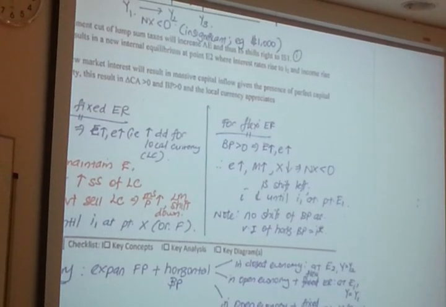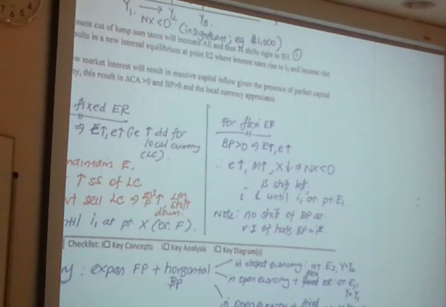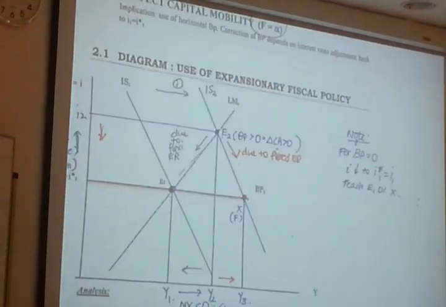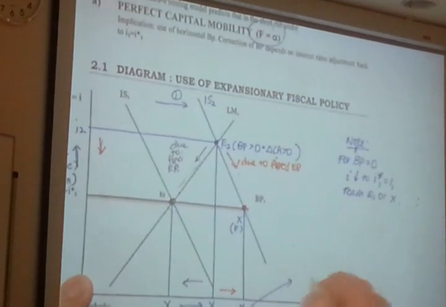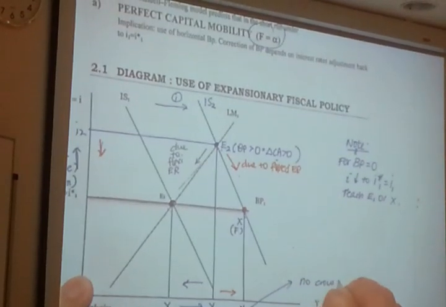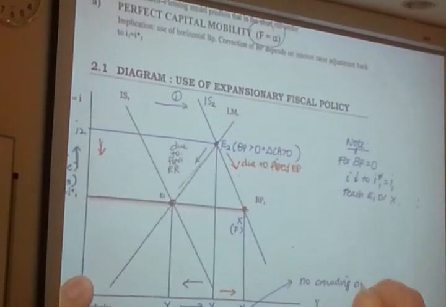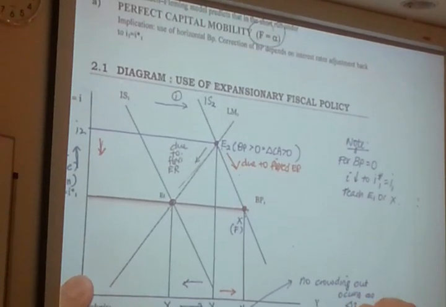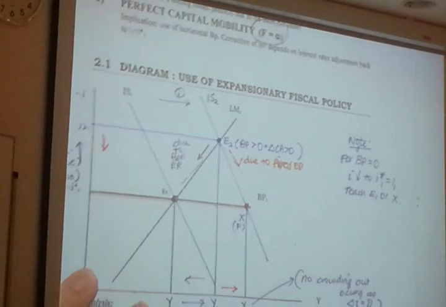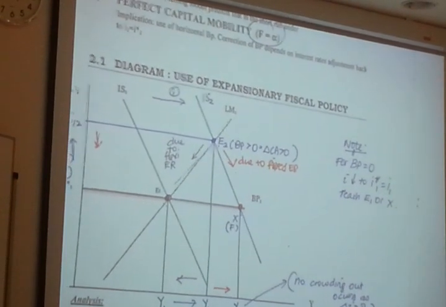Then you can go to the furthest right possible, point X or point F. Income increase is the largest. I'm highlighting to you, if you look at this point here, there's actually no crowding out. So that would be ideal, fixed exchange rate.